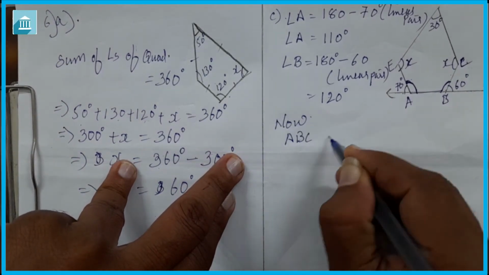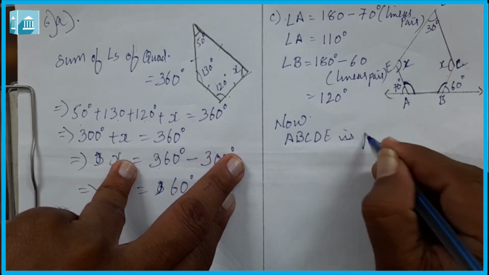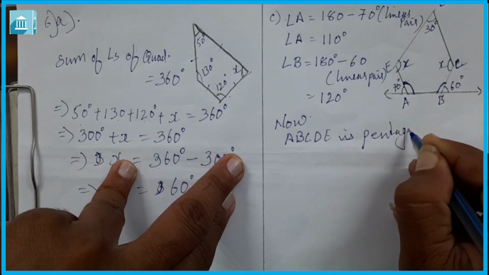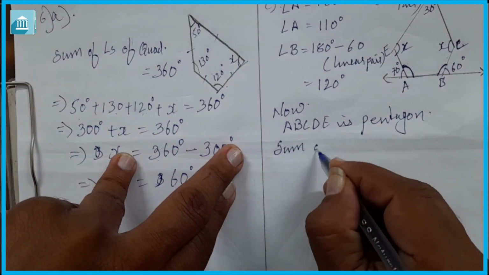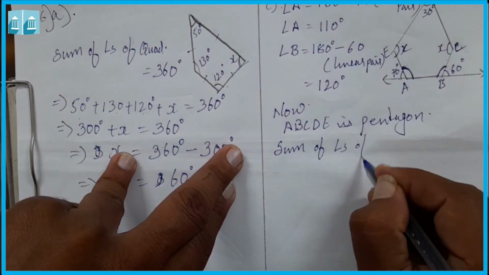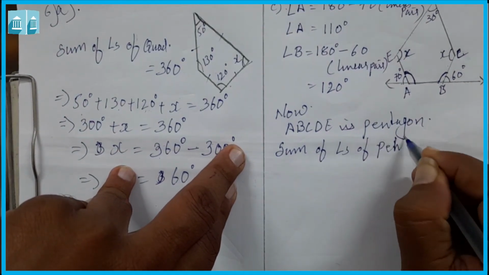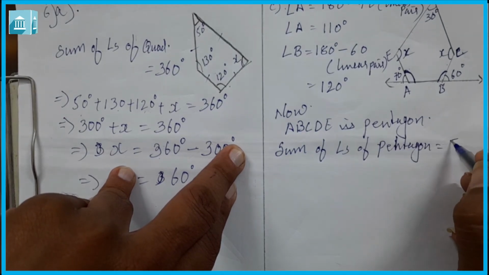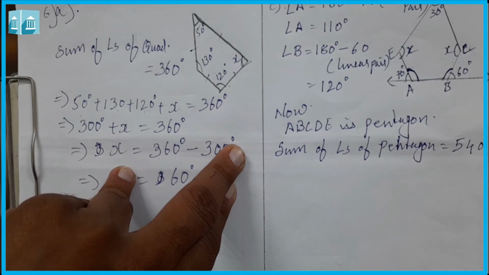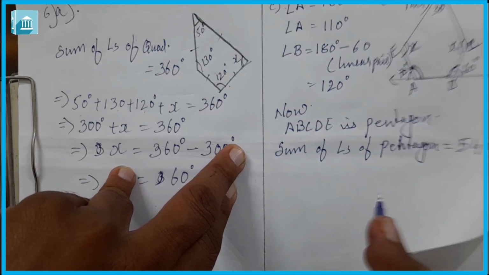A, B, C, D, E is a pentagon, and we know that the sum of angles of a pentagon is equal to 540 degrees.